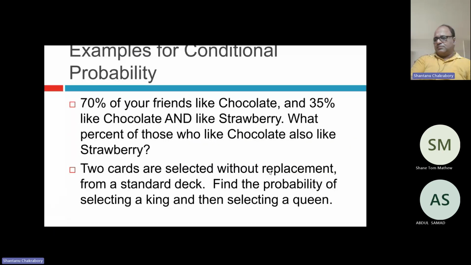This is one of the examples where you can use conditional probability. 75% of your friends like chocolates, and 35% like chocolates and also like strawberry. What is the percentage who like strawberry given that they like chocolate? How will you solve it, Abdul?